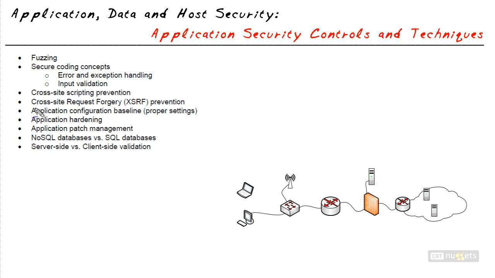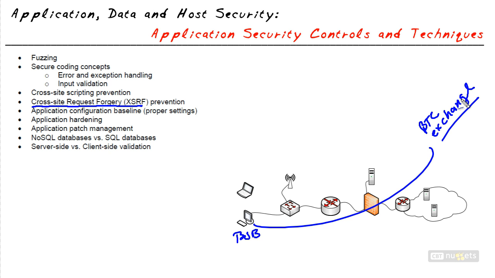Another very interesting attack is a cross-site request forgery. It goes something like this. We have Bob, and let's say that Bob is doing some online transactions at BTC Exchange, whatever his favorite Bitcoin exchange is, and he visits that site regularly. Now, what happens is when he visits that site, he trusts that site because he's using HTTPS, and this site is presenting a digital certificate that Bob trusts because the certificate is signed by a common certificate authority that Bob knows about.